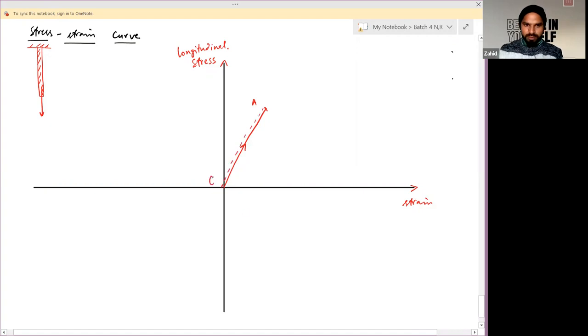So from O to A is termed as elastic limit. So elastic limit means the limit up to which it has tendency to regain its original shape. Is it clear?